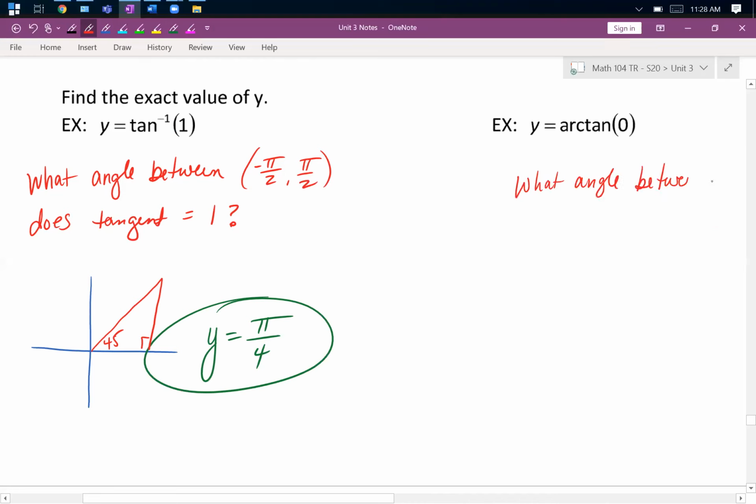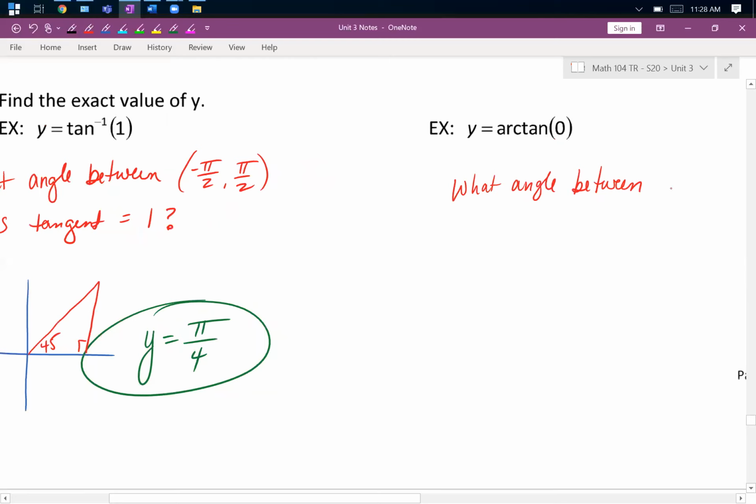In our next example, we want to find y equals arctangent of 0. The question is, what angle between -pi/2 and pi/2 does tangent equal 0?